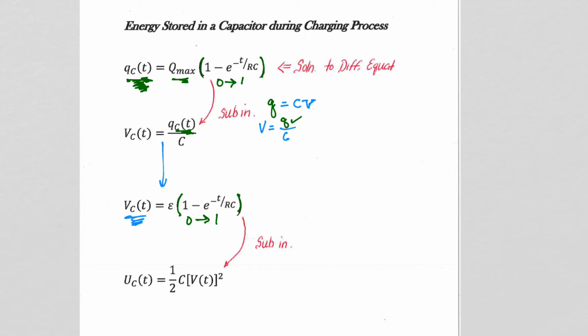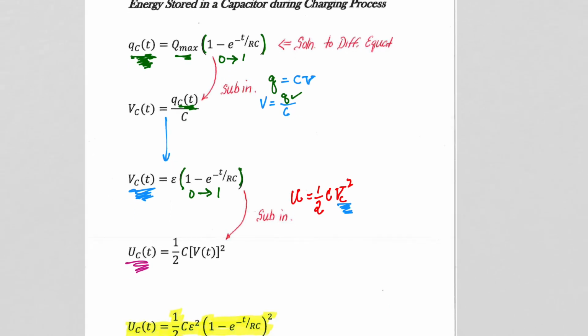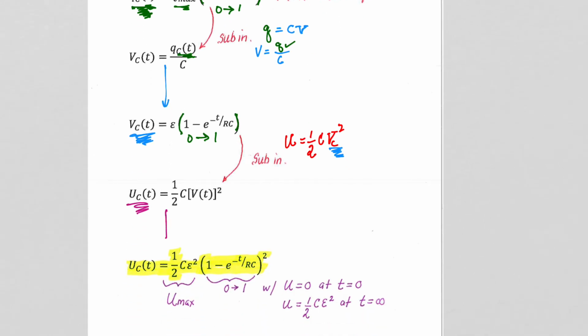Now we also know that the energy stored in the capacitor, so we derived this earlier in the course, is 1/2 C voltage across the capacitor squared. So all we are doing is again a substitution of the voltage across the capacitor into this equation to generate our end result for what we are looking at, the energy stored in the capacitor here.